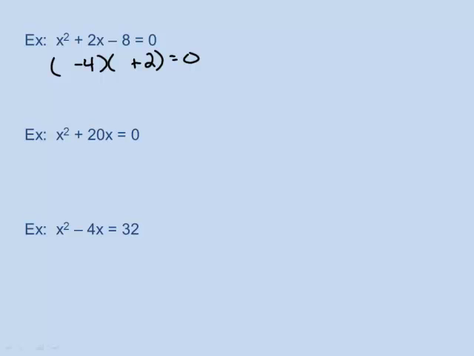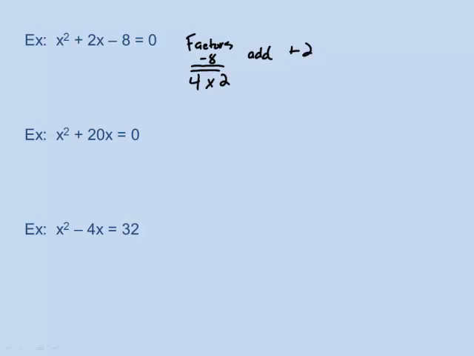So I'm thinking that those are the wrong factors. Let's try that again. We're interested in factors of negative 8 that add to give us a positive 2. So I still think that 4 and 2 are our possibilities.